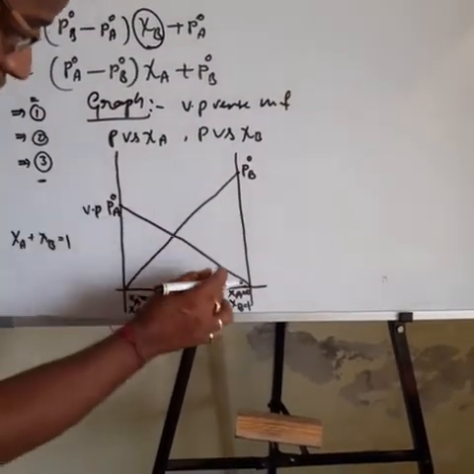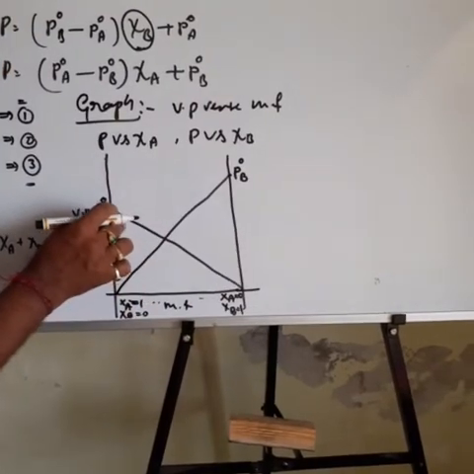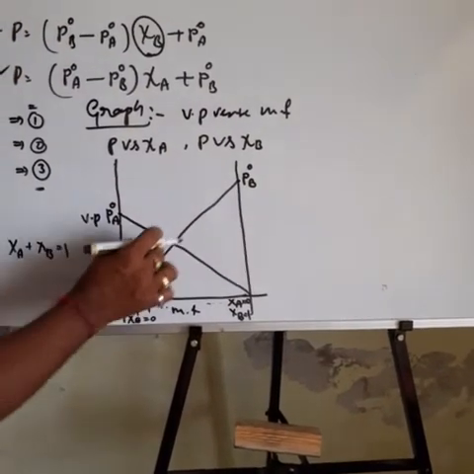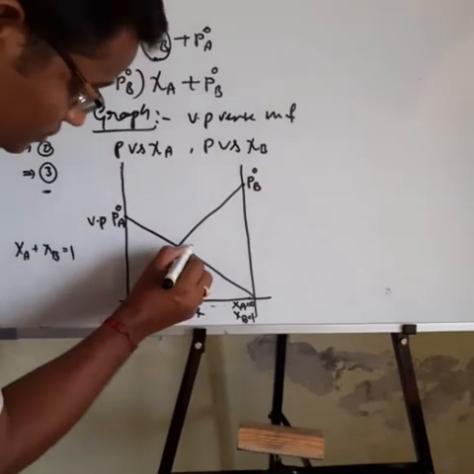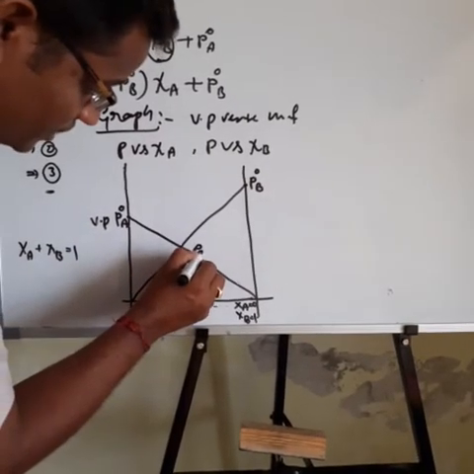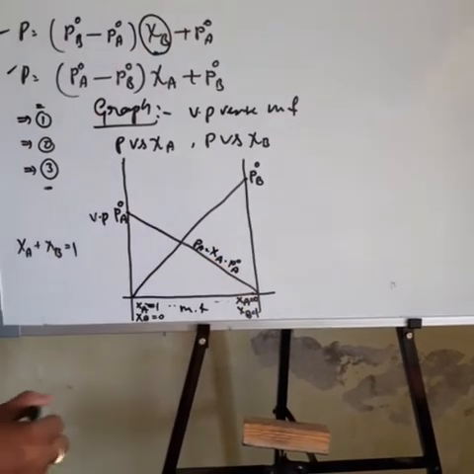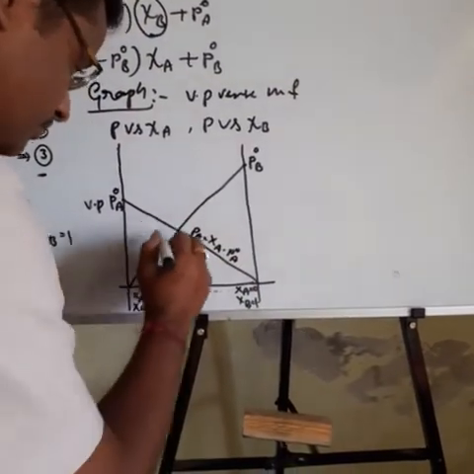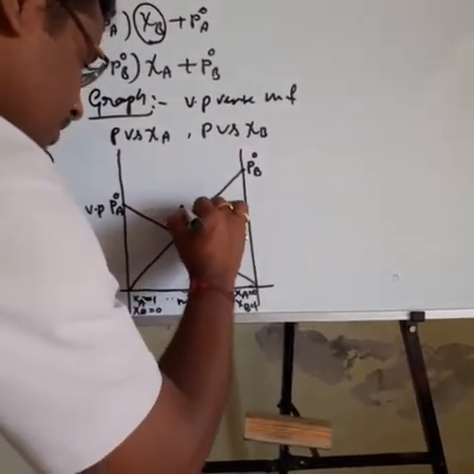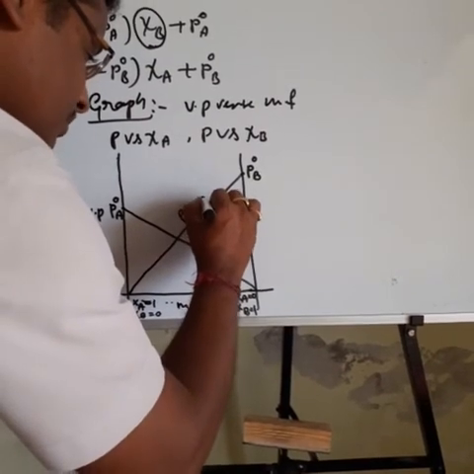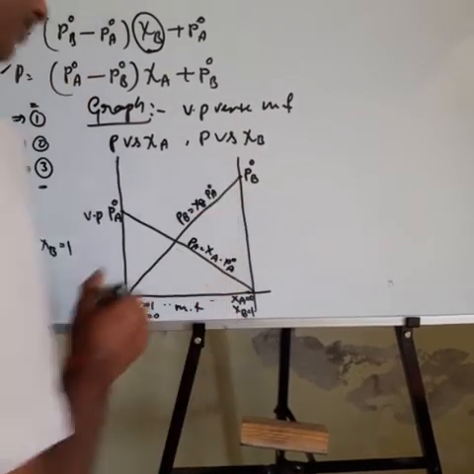So this is the vapor pressure of the pure solute A. This is the vapor pressure of the pure solvent B. It means the vapor pressure of A is equal to XA into P0 A. This is the vapor pressure of the solvent: PB is equal to XB into P0 B.